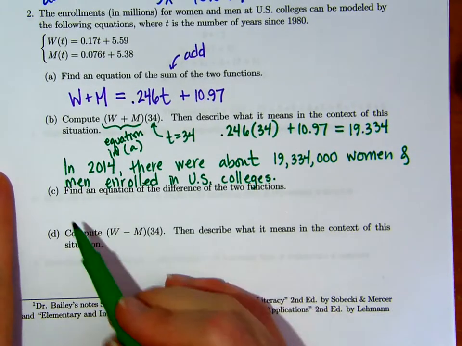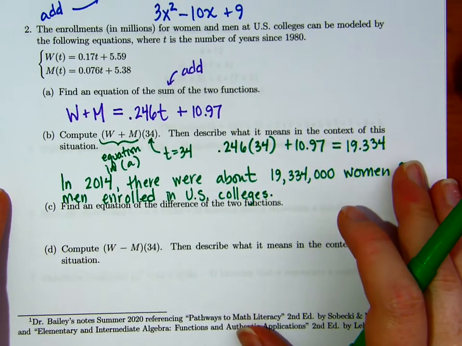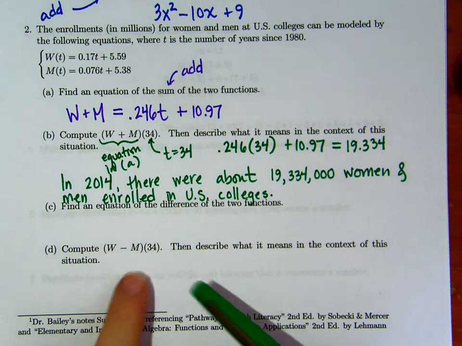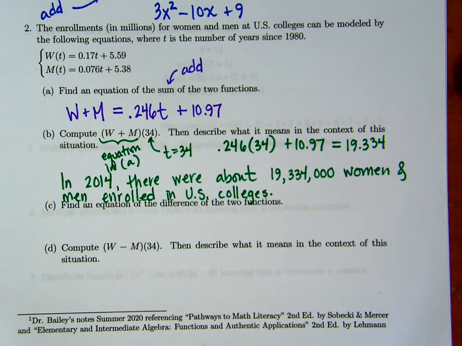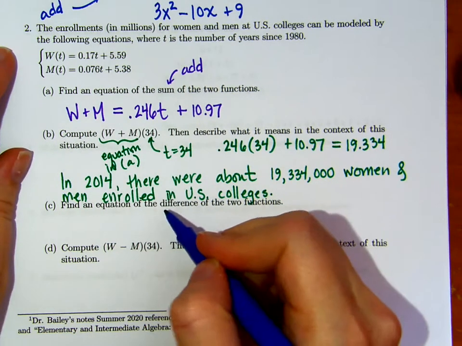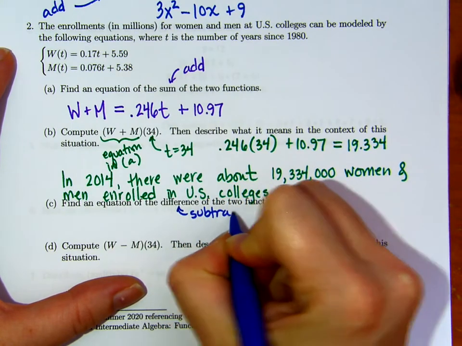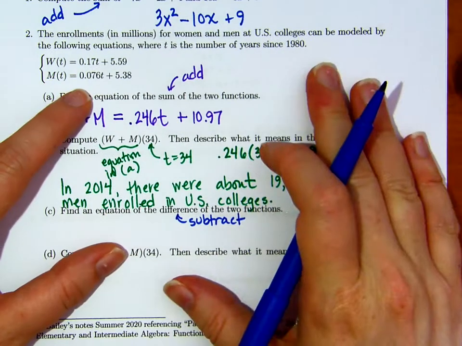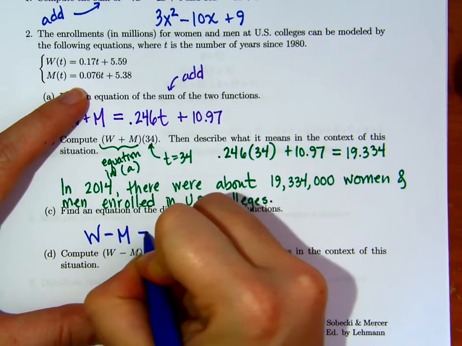Got it. Find the equation of the difference of the two functions. Now, it doesn't really say, oh, in this one it says women take away men. So let's do that difference. Okay. So difference, right? That means subtract or find the change. And change means subtract. So we'll go women minus men.